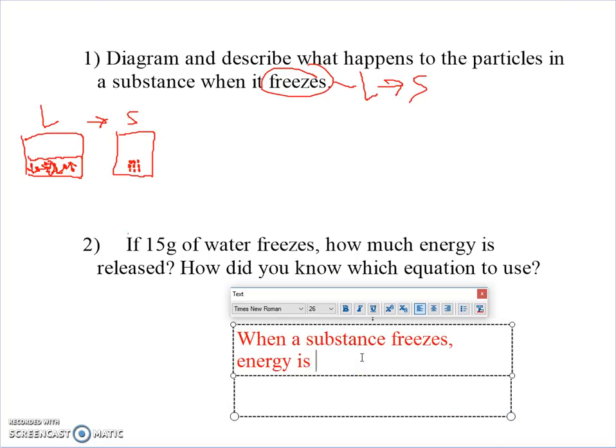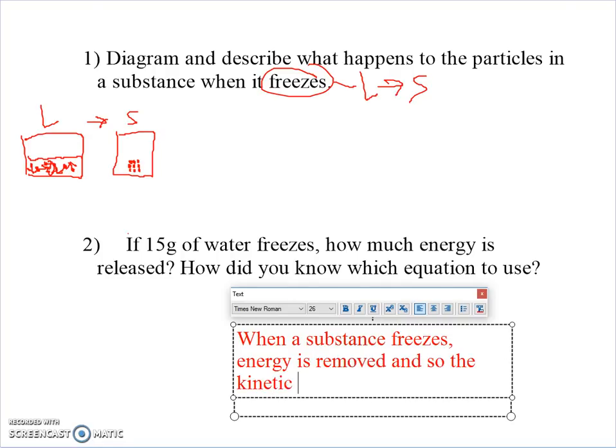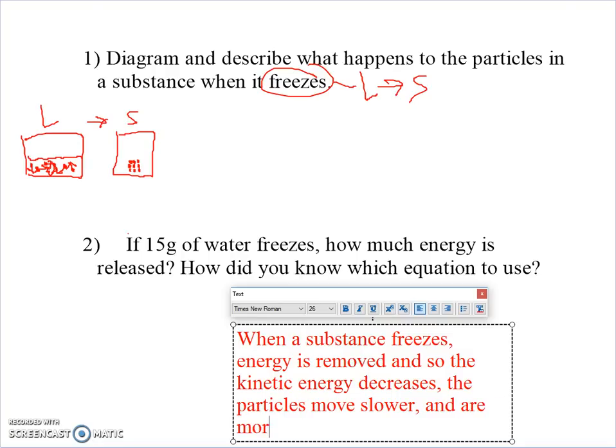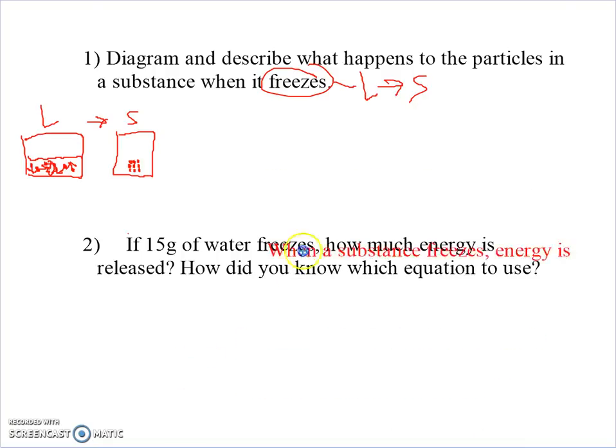Well, if it's freezing, it's losing energy because the solid has less energy. Energy is removed. And so the kinetic energy decreases, the particles move slower, and are more attracted to each other.